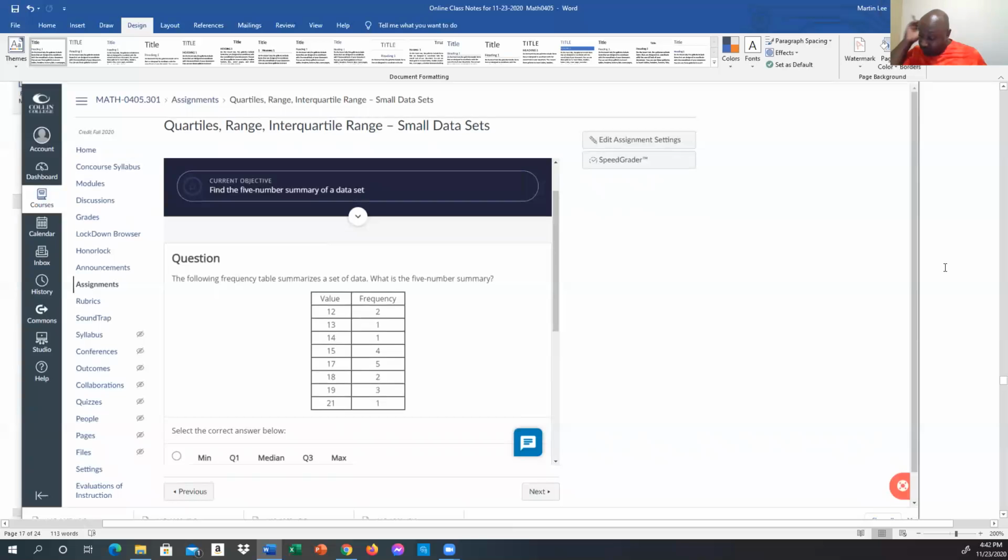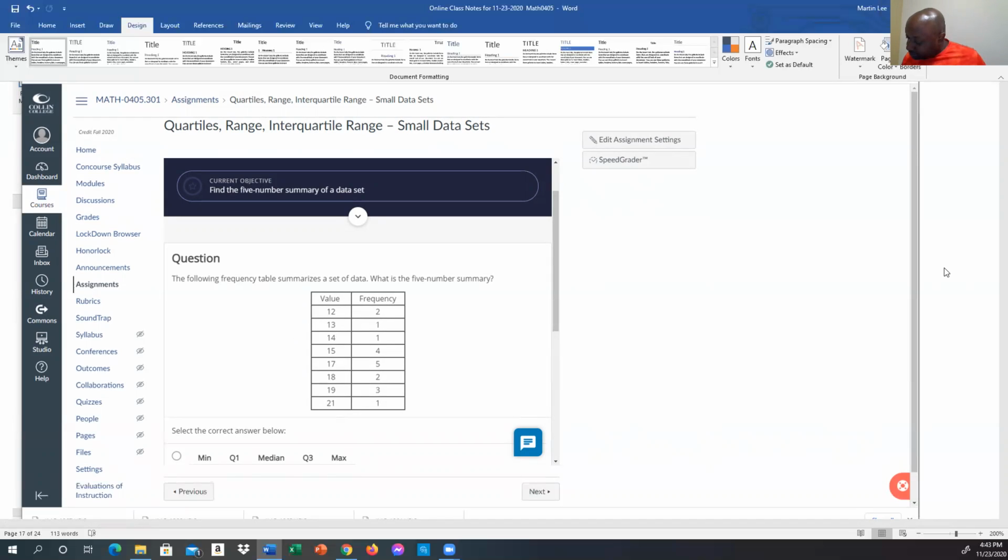All right, so the first thing we want to do is take the values from the table and actually write out this data set. And then we'll be able to identify the median and then calculate Q1, Q3, also identify the min and the max.